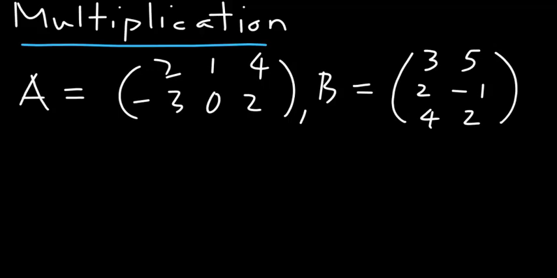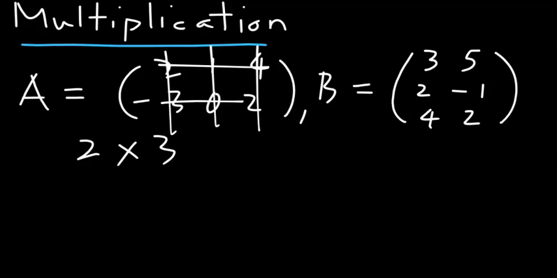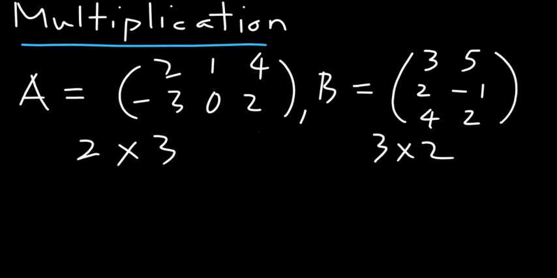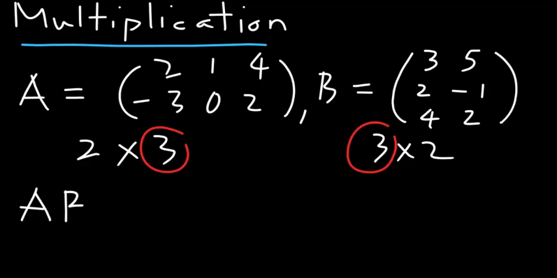The order of matrix A is 2 by 3. There are 2 rows and 3 columns. The order of matrix B is 3 by 2. Now, if the number of columns of the first matrix is identical to the number of rows of the second matrix, then we can determine the product.